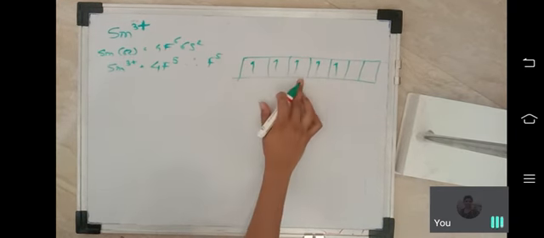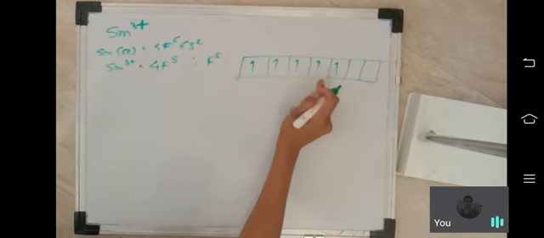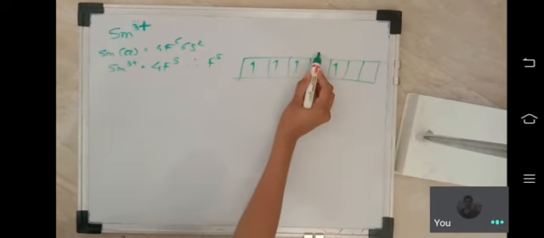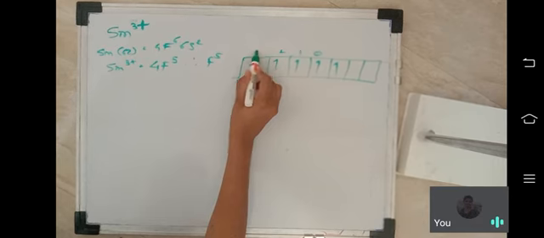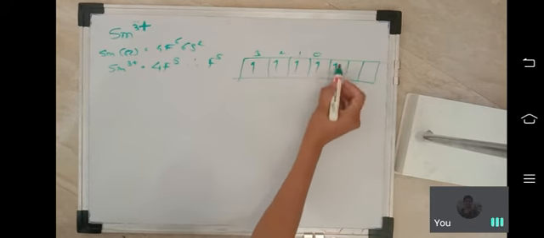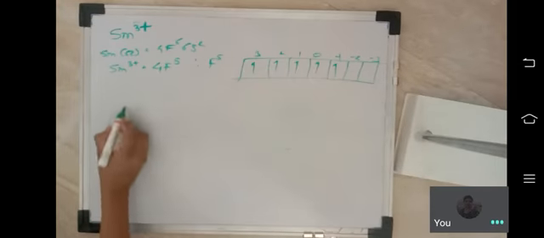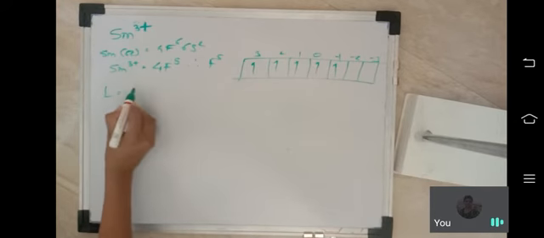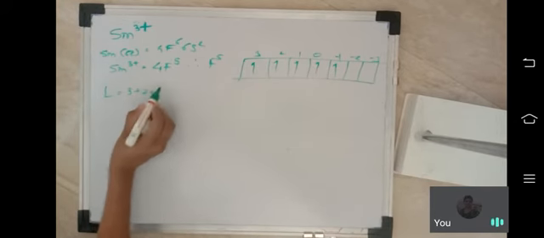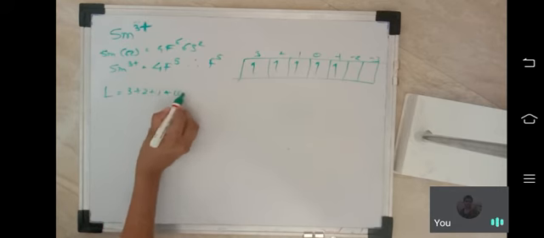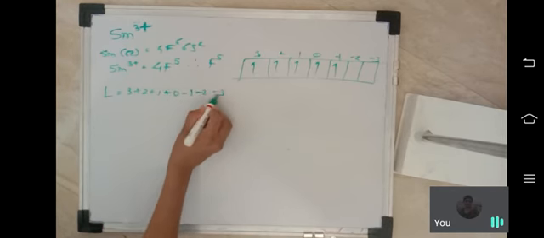Okay. At the center, you have to write 0, then 1, 2, 3. First you take the center, then here minus 1, minus 2, minus 3. These are the values of l. Then calculate the values of L: 3 plus 2 plus 1 plus 0 minus 1 minus 2 minus 3.